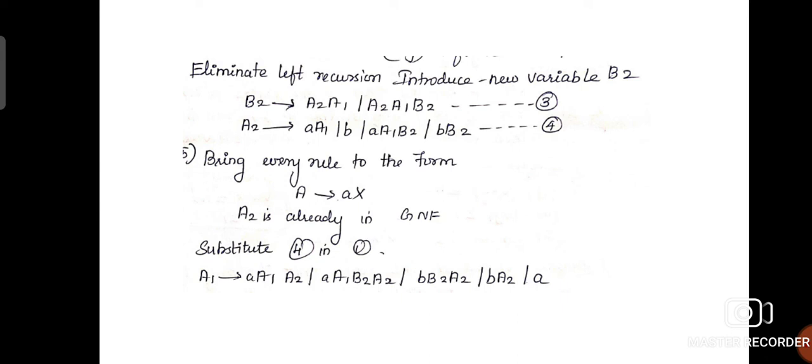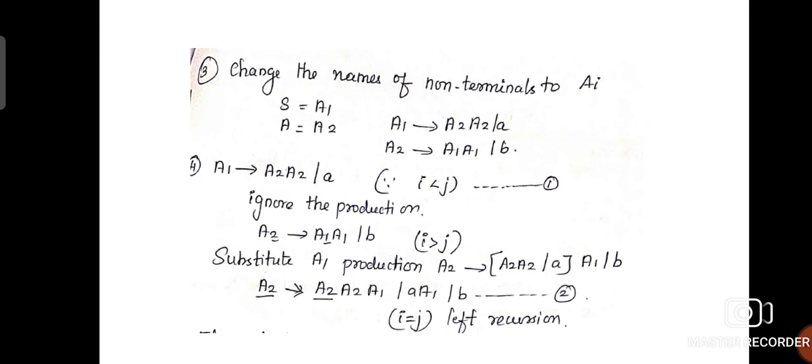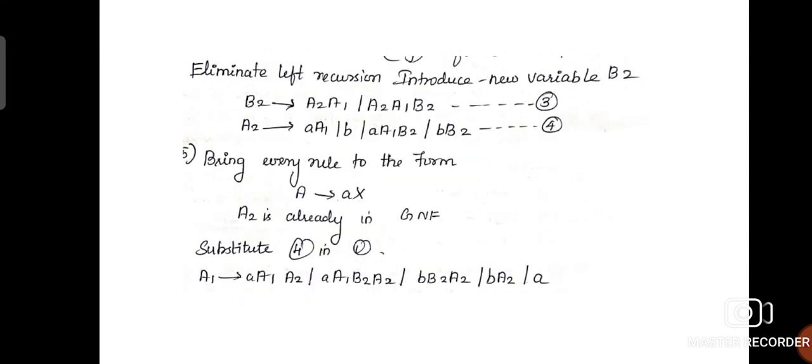Now A2 will become, from the old A2, we will remove the first production and take the remaining two productions. That is, A2 tends to A1 and B, and along with these we have to add B2 for these two productions, and this will be considered as two additional productions.